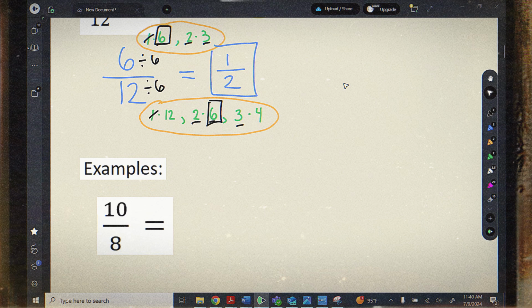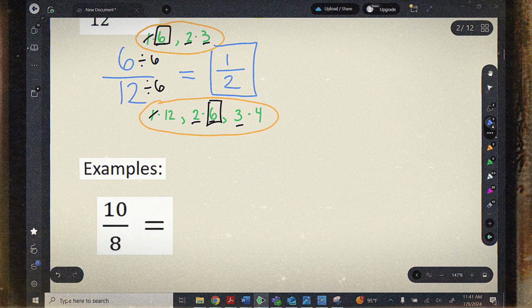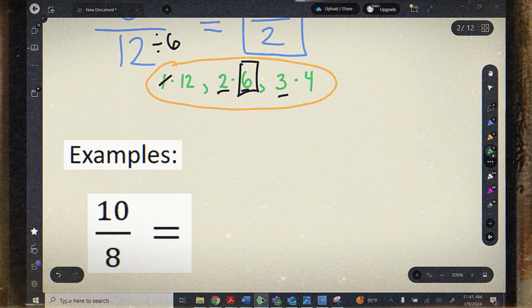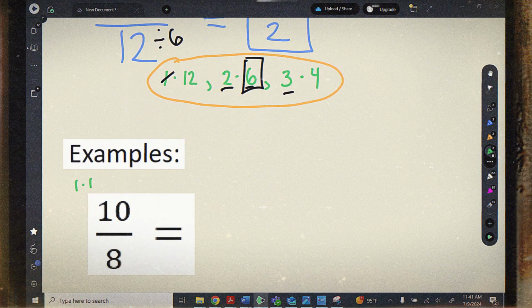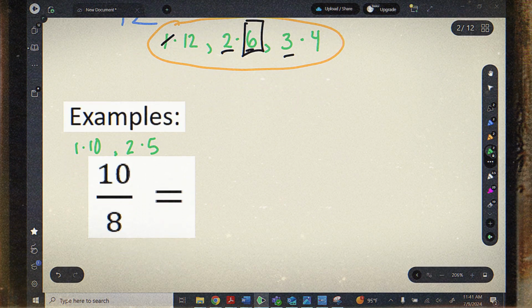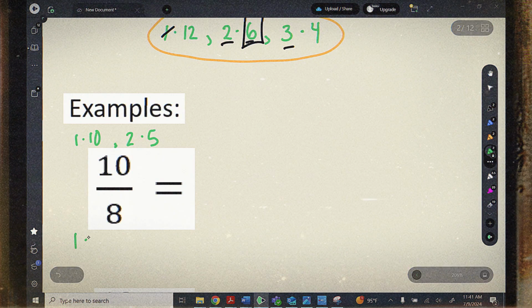Okay, our first one is 10 over 8. So again, I'm going to look for common factors in the numerator and denominator. So let's see here. Factors of 10 are going to be 1 times 10, or 2 times 5. Factors of 8 are going to be 1 times 8, or 2 times 4.